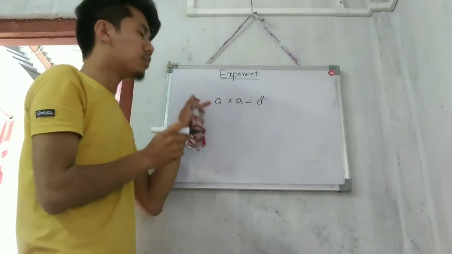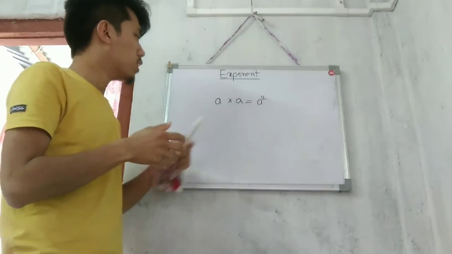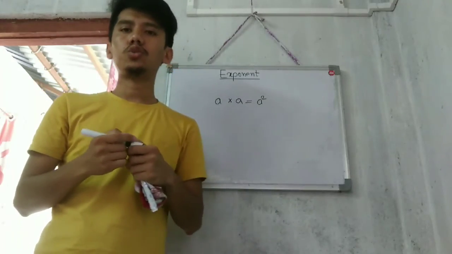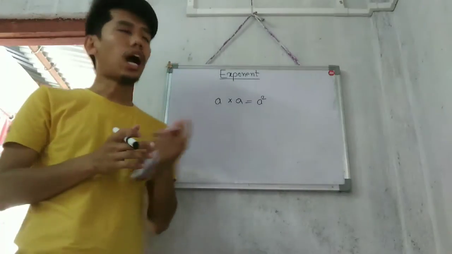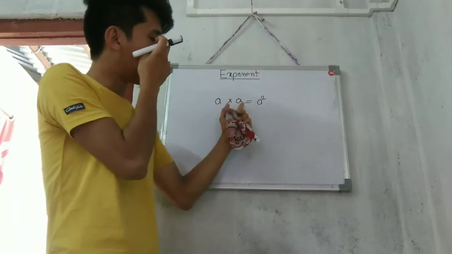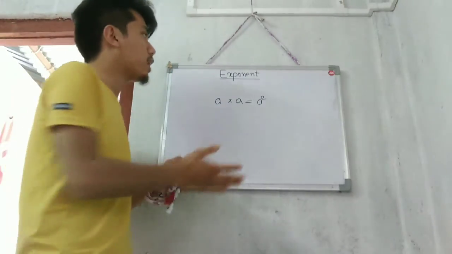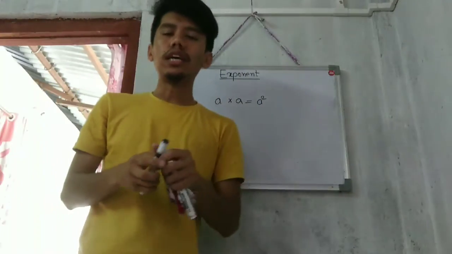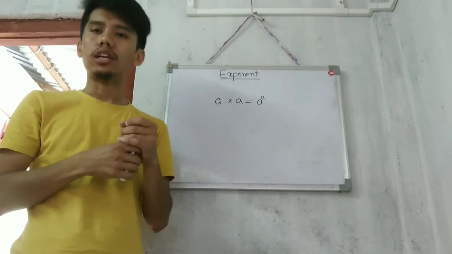This is a simple concept we know from the last classes, that is a into a is equal to a square. But we have no idea how a into a becomes a square. So by this chapter, the exponent or the indices, we will get to know how this multiplication can be done.